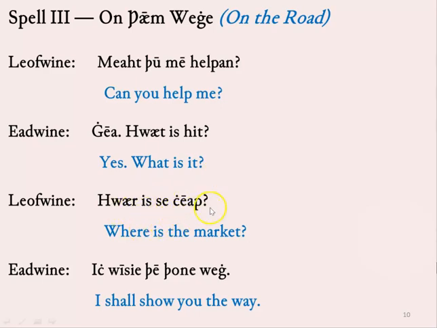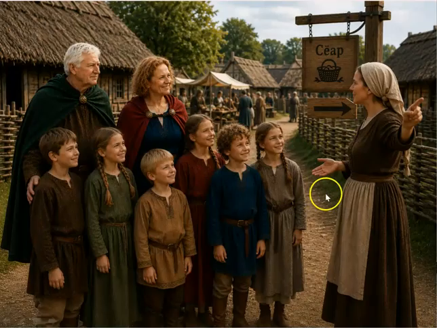Hwaer is cheap. Where is the market? Ich wisia the thona way. I shall show you the way. And there's the family looking for the marketplace and a local pointing the way, or showing the way.